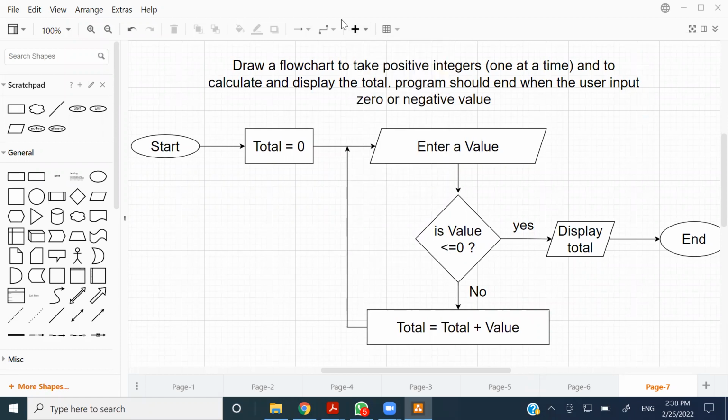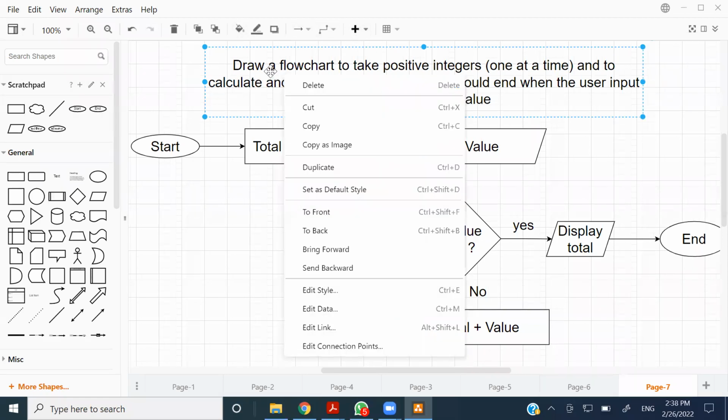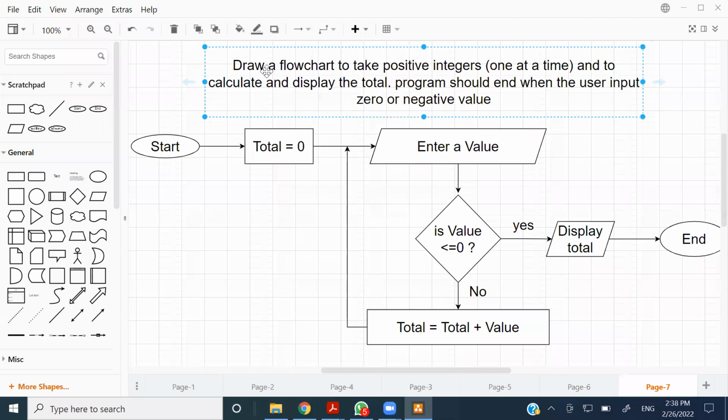Yes, anyone? Can you confirm whether you have drawn this into your books or not? You did, right? Okay, great.